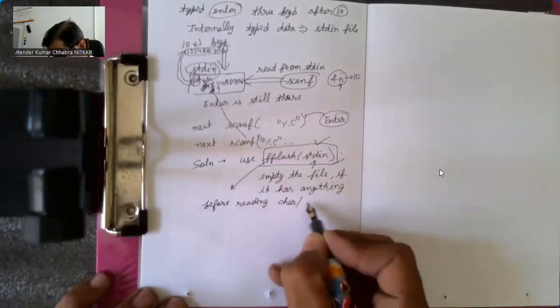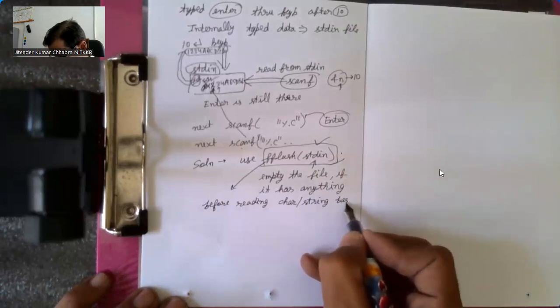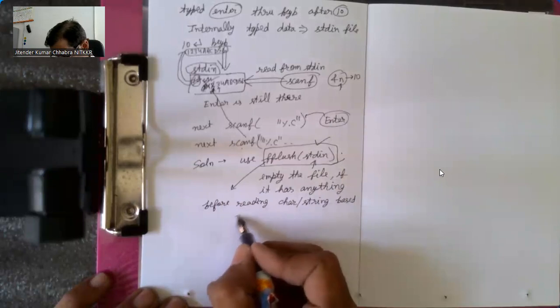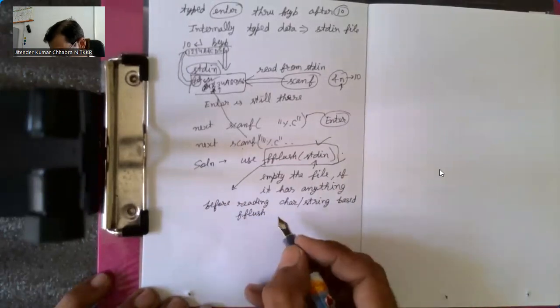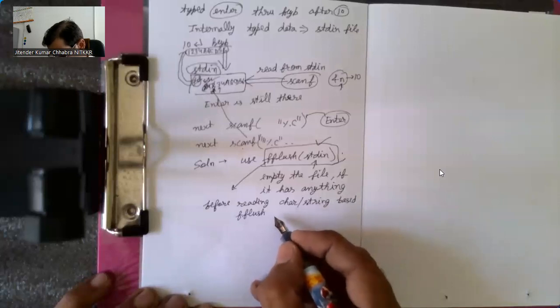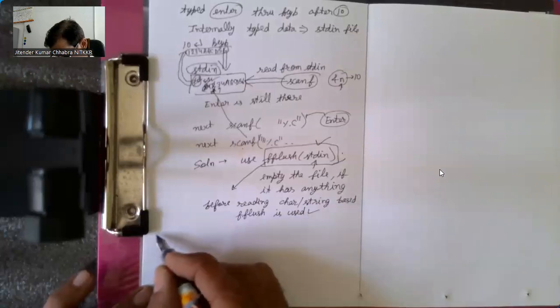Character-based or string-based, whenever you are reading anything, fflush is very useful, because whatever you type through the keyboard remains in the stdin file until it is read or flushed, that is, emptied.